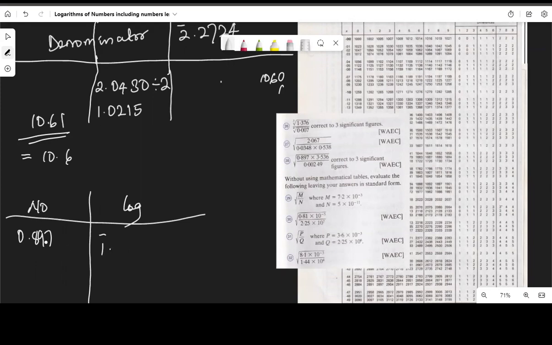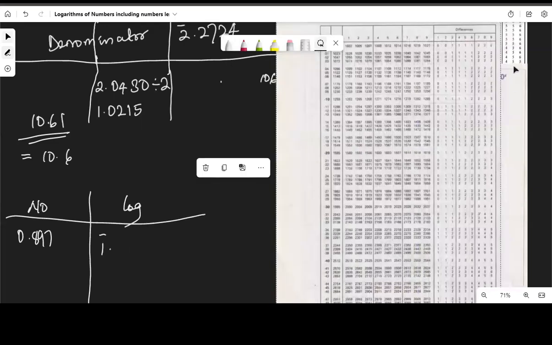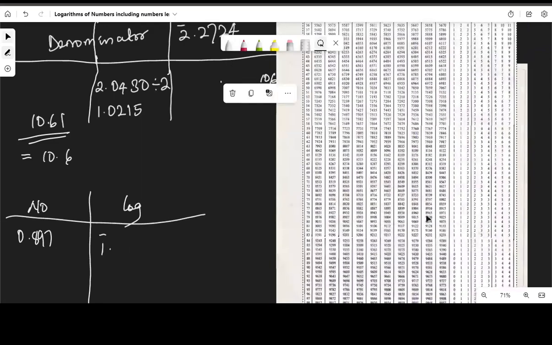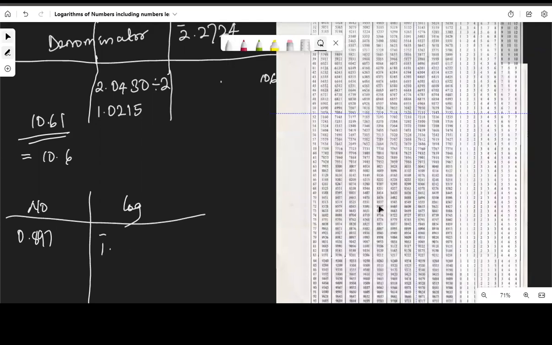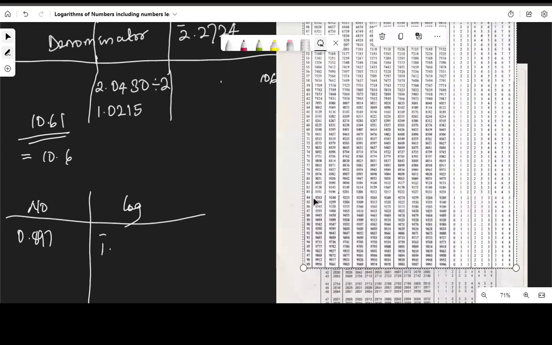And logarithm of 89 under 7. Write here 89 under 7, that is 9479 also.